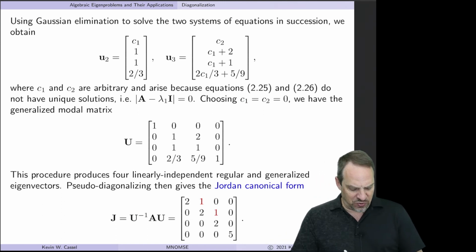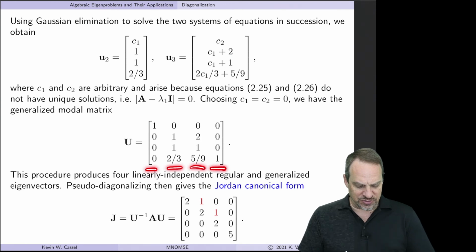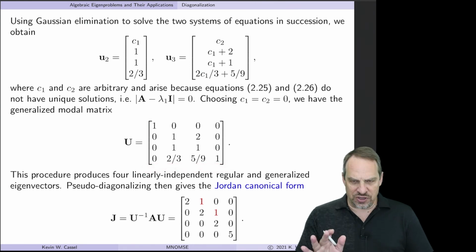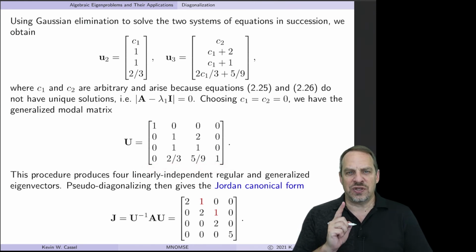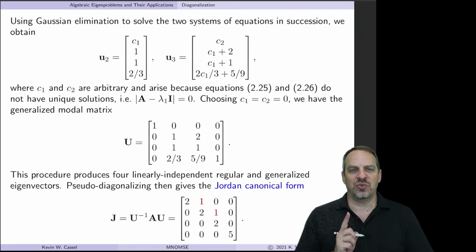So I end up with my 4 eigenvectors as the columns, u1, u2, u3, and u4. These 2 are regular, and these 2 are generalized. One thing, and I'll emphasize this in my remarks in a moment, you do in this case need to keep them in the order in which you get them.